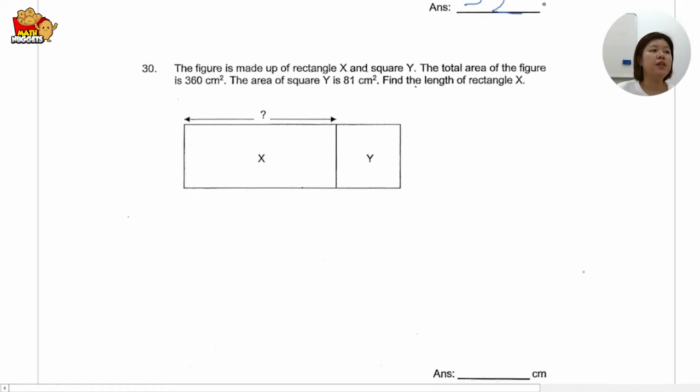Next, the figure here shows a rectangle and a square, and the total area is 360. The area of the square is 81. They want to find the length of rectangle X. So same area.